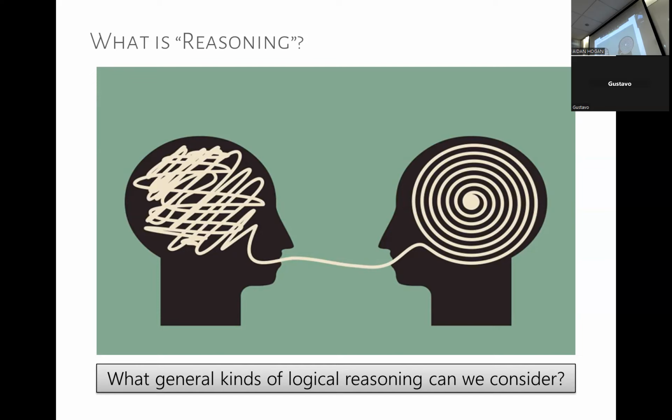So does anyone know what kinds of logical reasoning we can consider? Has anyone heard of different types of logical reasoning? Sometimes people talk about inference or reasoning in the context of machine learning. Does anyone know what type of reasoning we're applying in machine learning in most cases?